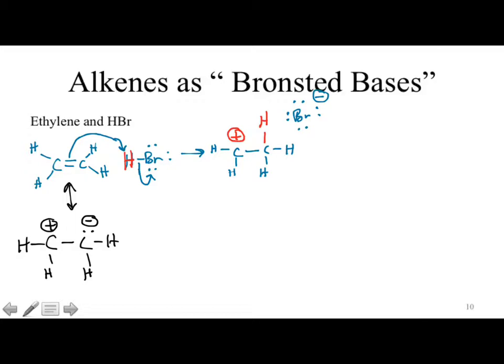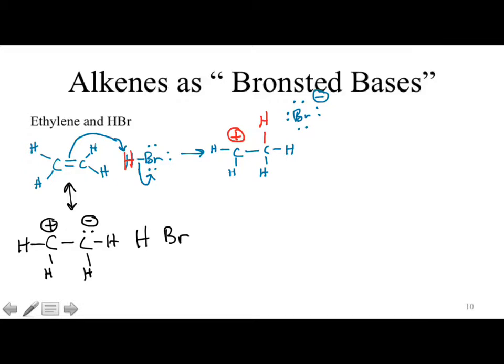How can I stabilize that negative carbon? I could share those electrons with the other carbon, but now let's say we bring in HBr. HBr is what kind of an acid? Which means it dissociates completely into the ions. What are the ions?